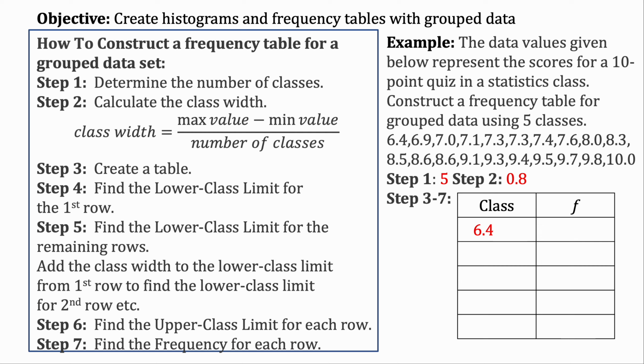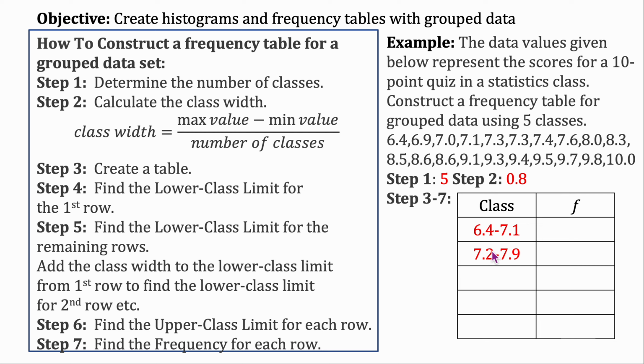For the remaining rows, because our class width is 0.8, you're just going to add 0.8. And then the upper class limit is going to be to the nearest tenth just below that, so it would be 0.1 away.